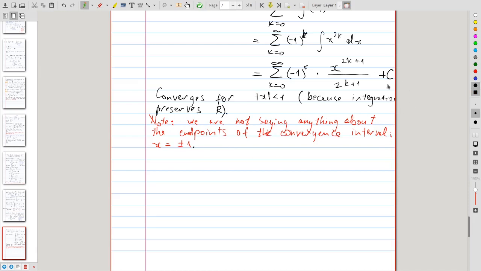Now it remains to determine what C is. We have computed the power series representation. We know when it converges. It remains to determine what the constant of integration is. So to determine C, again, what we will do is set x equal to 0. So that will make this entire series vanish, and we will be able to compute C. So set x equals 0.